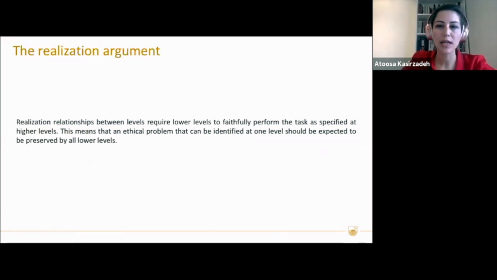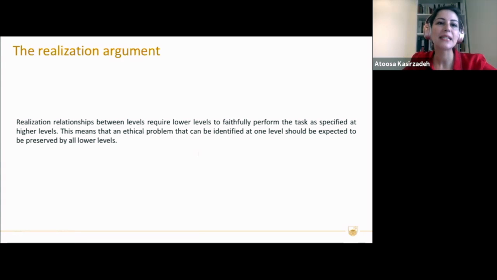So what are realization relations? Realization is a relationship of asymmetric necessitation. This means that B realizes A just in case being B is a way of satisfying A, but A does not necessarily require B. So the realization relationships between levels require lower levels to faithfully perform the task as specified at higher levels.